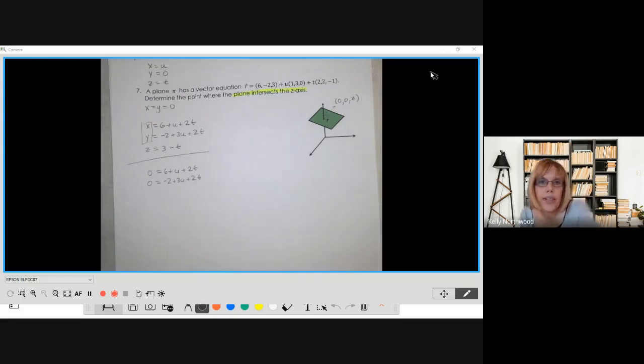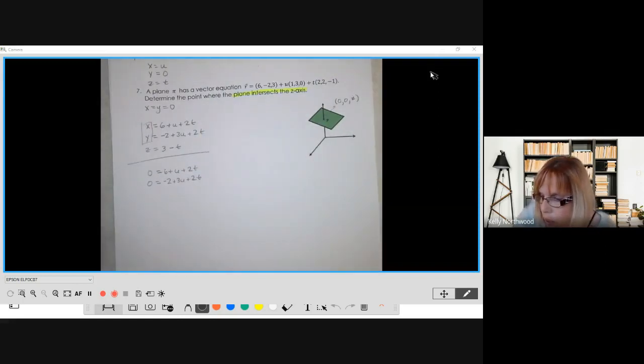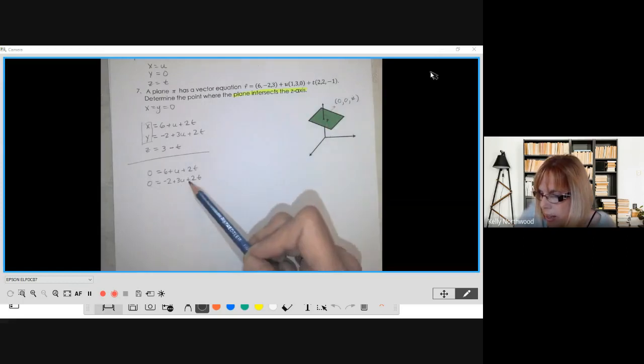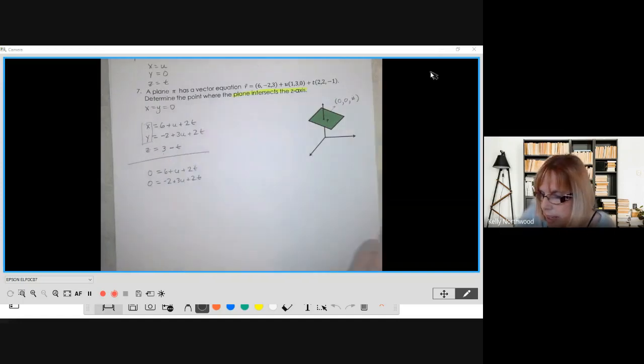So if we solve for u and t in this system, then we will know the u and t that make this true, where x equals y equals 0, and we know that's where our plane hits the z-axis. So I could just take the u and t and sub them into the z parametric to get the z-intercept. It looks like we only need t.